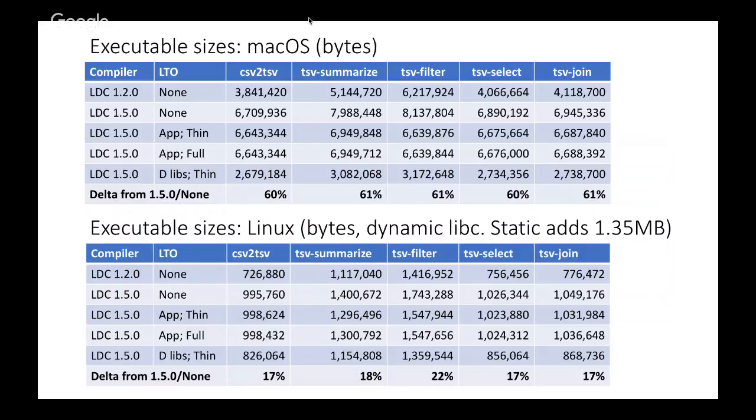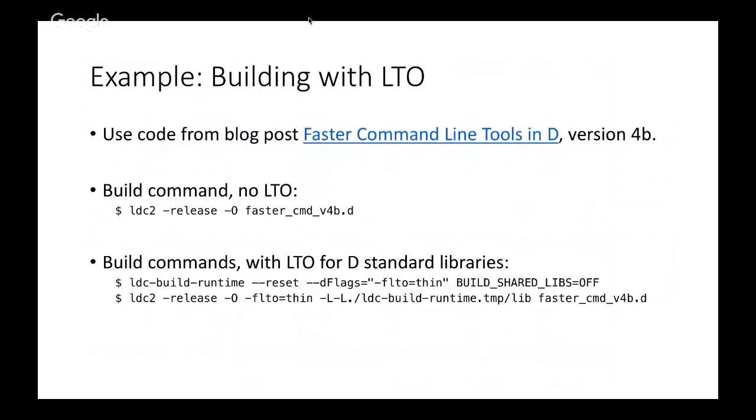I think I did it on TSV Filter or TSV Summarize, which are two of the bigger applications. The one I ran it on went from something like 17,000 symbols to 7,000 symbols, just in what's in the actual built binary. So it's really dropping individual pieces. That's really quite amazing. So that's that on that front.